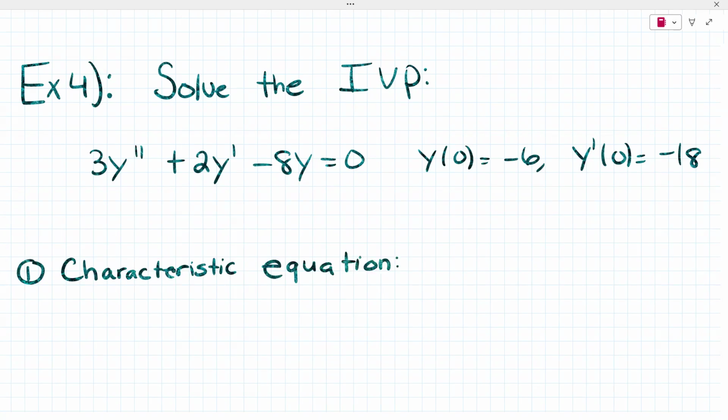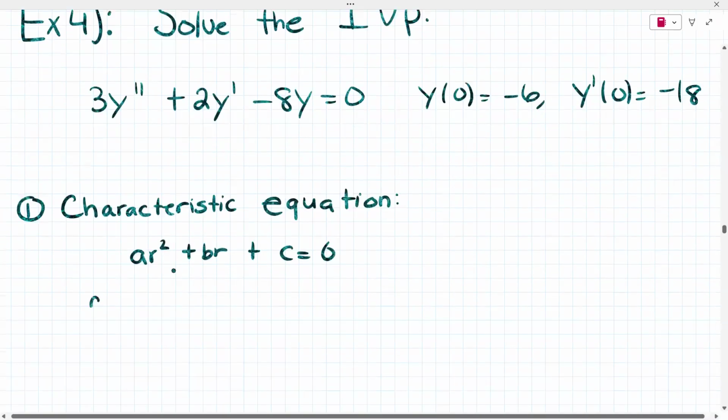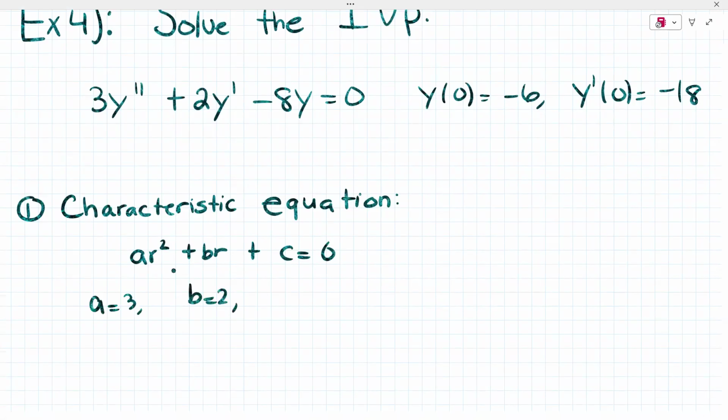Put it in this form, ar squared plus br plus c equals 0. I believe our a is going to be 3, my b is going to be 2, and my c is going to be negative 8. So it's going to be 3r squared plus 2r minus 8 equals 0.